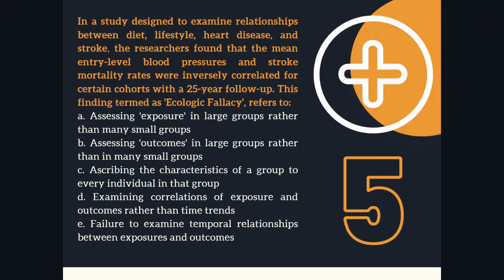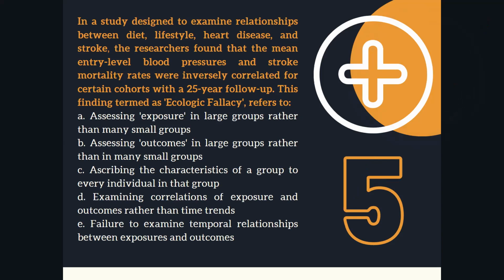In a study designed to examine relationships between diet, lifestyle, heart disease, and stroke, the researchers found that the mean entry-level blood pressures and stroke mortality rates were inversely correlated for certain cohorts with a 5-year follow-up.